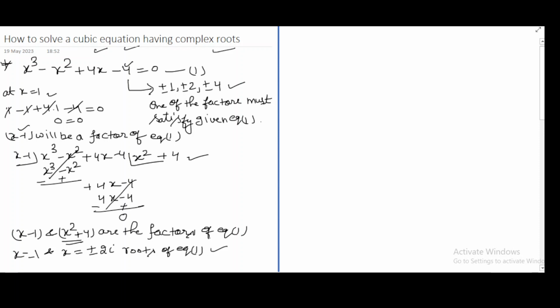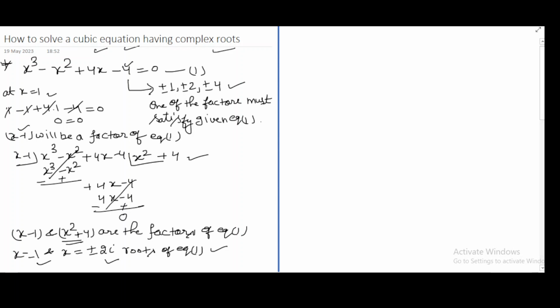So this is the procedure to solve a cubic equation. The meaning of solution is that we have to find the value of x. So the first value of x is 1 and the second values are plus minus 2i.